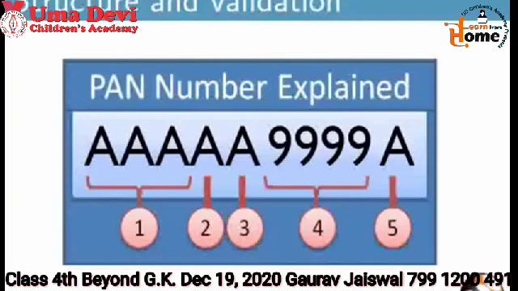Each is uniquely P for person, C for company, H for HUF, that is Hindu Undivided Family, F for firm, A for AOP, that is Association of Persons, T for trust, B for BOI, that is Body of Individuals, L for local authority, J for artificial judicial person, and G for government.